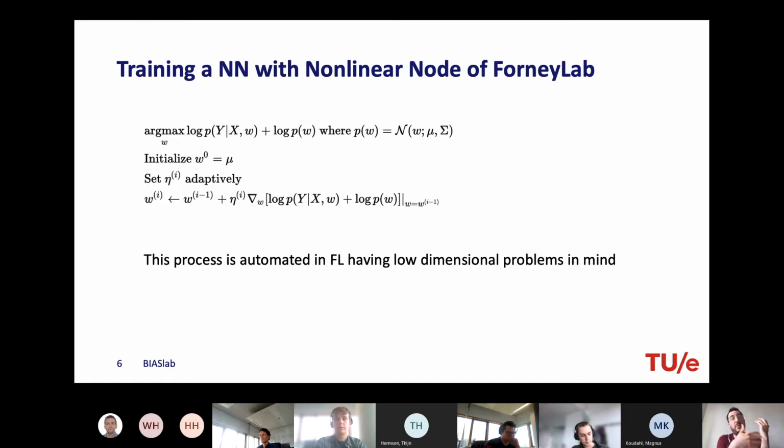Twenty dimensions for a neural network is something like low dimensional, but for our implementation it's kind of high dimensional. So we implemented an adaptive gradient ascent method, but this is quite primitive. It would be nice to build other optimizers for this kind of purpose. But we will see that it is still possible to train a neural network even with this simple gradient ascent optimizer.